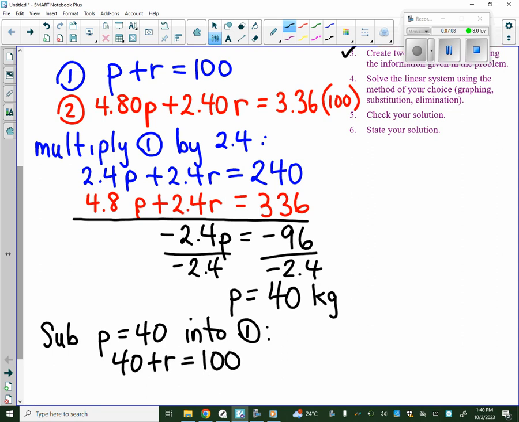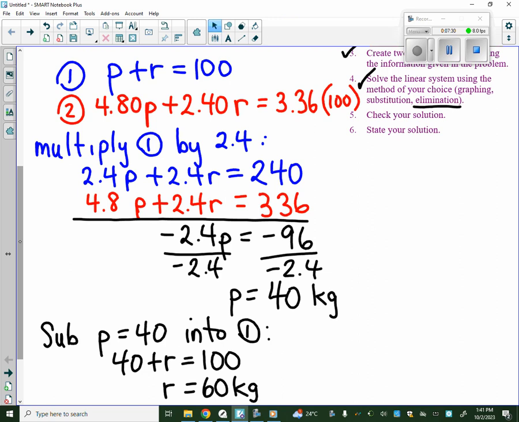So r equals 60 kilograms. Everything seems good. Those answers totally seem reasonable. So checking off number 4, solve the linear system. I used elimination for this one. Step 5 is to check. Step 6 is to state your solution.